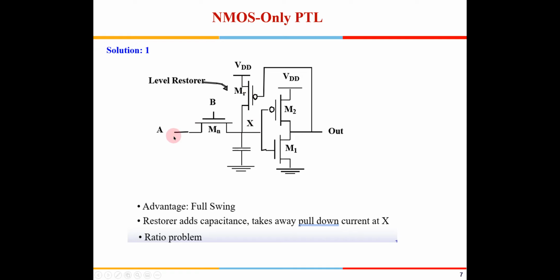Now when this is going to 0, this voltage is dropped, so this will try to discharge this node to 0, whereas this is trying to keep this node at VDD. So this has to be much stronger. This has to overcome the current of this transistor to pull this to 0. So that means there is a ratio issue out here.